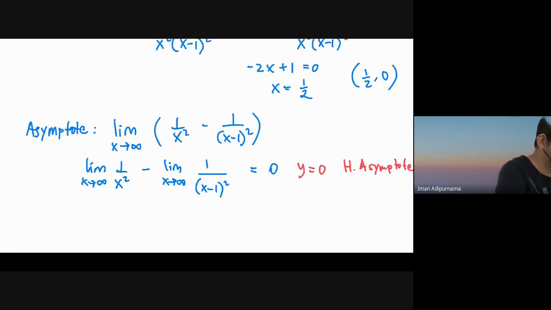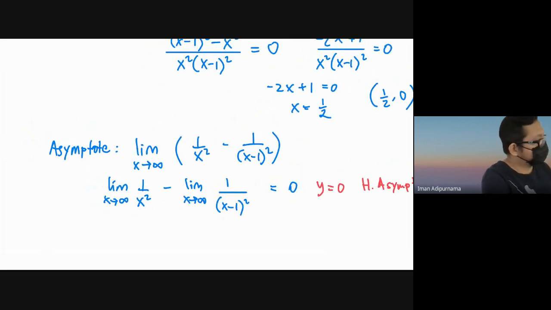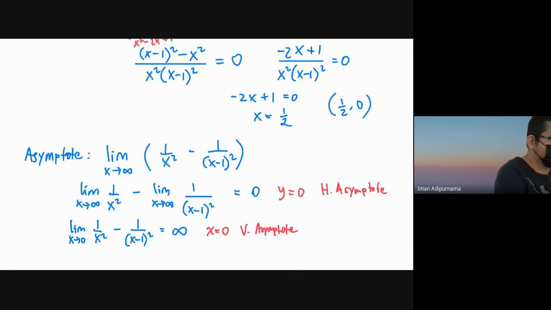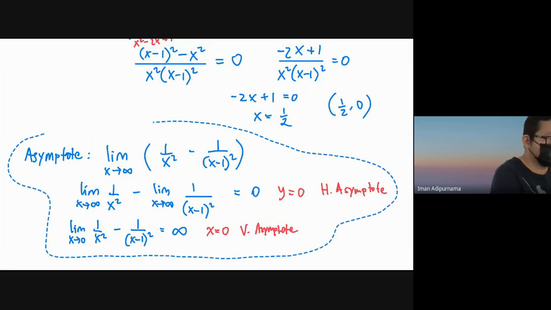And then another confirmation is from our domain, right? x = 0 and x = 1. Maybe those will be the vertical asymptotes. We can also check. This will result in infinity, right? We can say that x equals 0 will be our vertical asymptote. Let me move a little bit.